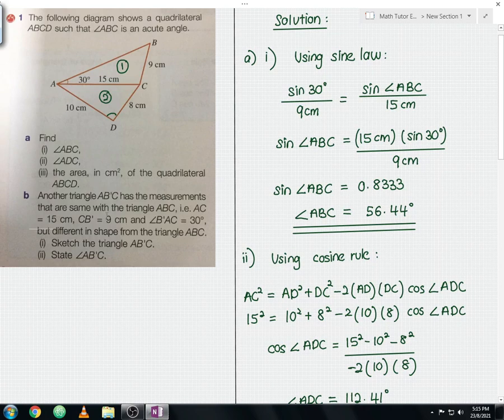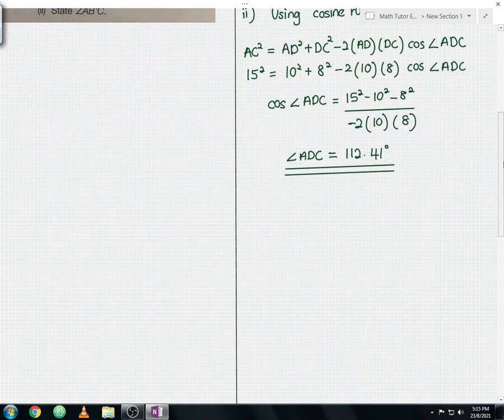That will be the overall idea on how we're going to solve question A part 3. Let us begin by solving triangle 1. Let me write in the working, triangle 1.